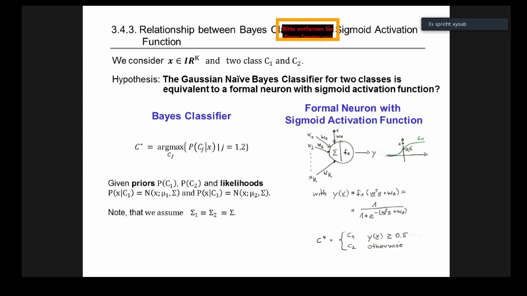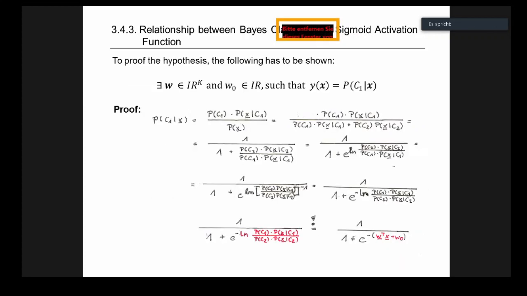Yeah. And my question is, when I see the formula from the formal neuron, where can I see how they belong together? I don't understand it really. Therefore, we are doing the proof now, so you understand. Okay. That's okay. We have to prove this.